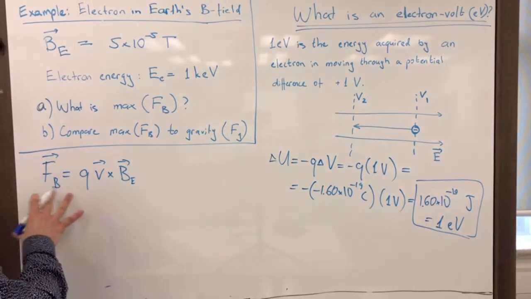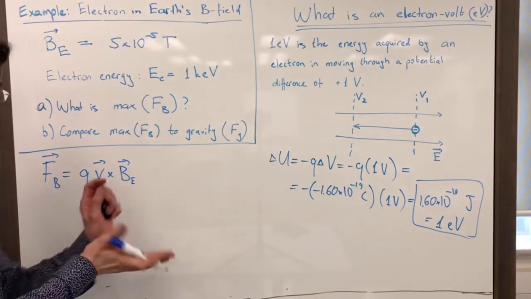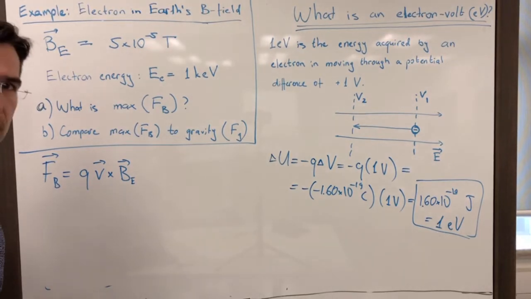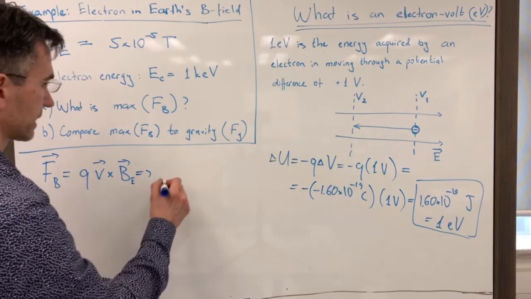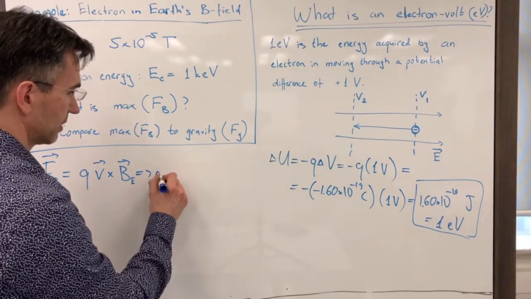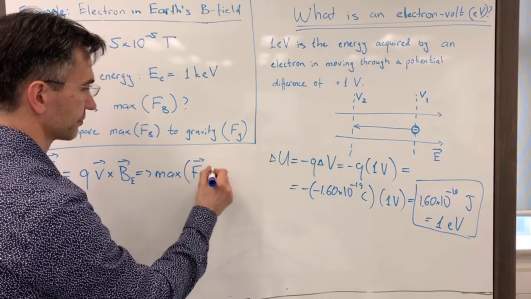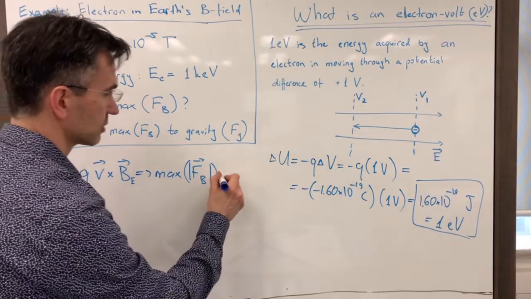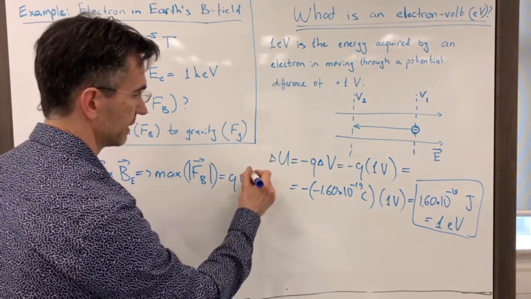This is going to be maximum when the vectors are at 90 degrees to each other, so the sine of the angle is 1. So the magnitude of the maximum magnetic force is just Q V times the magnetic field strength of the Earth.